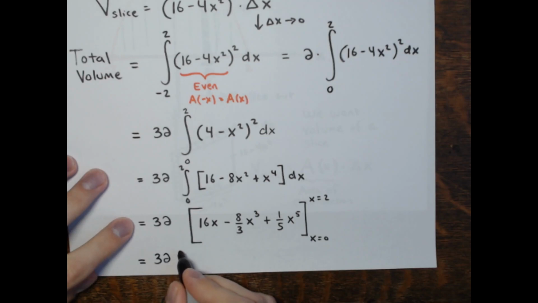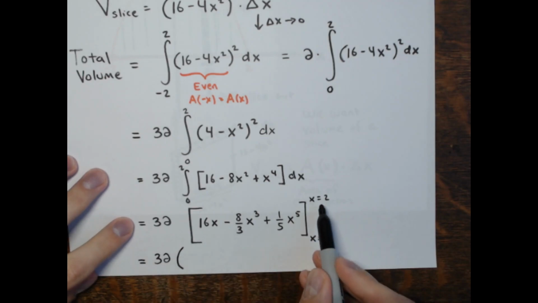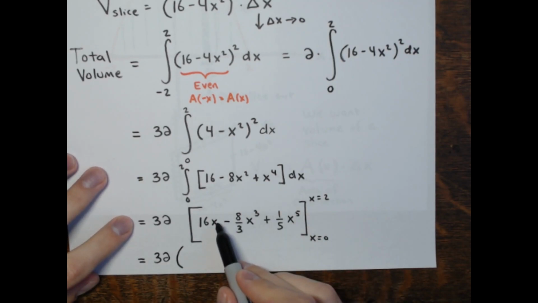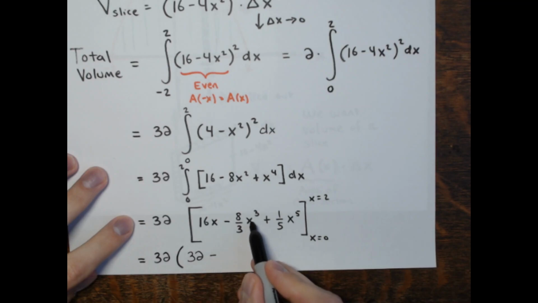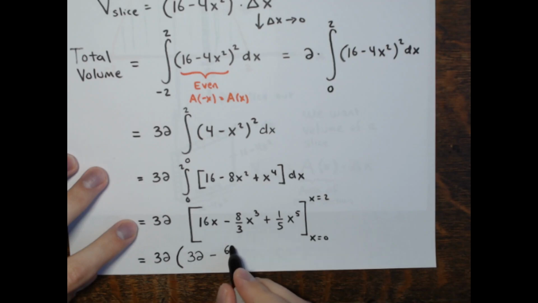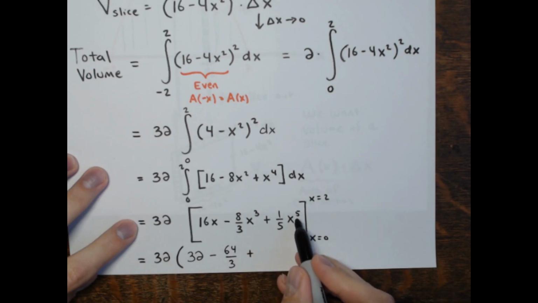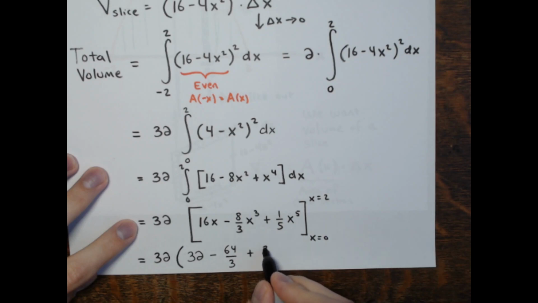So this would be 32 times, and then 16 times 2 is 32, minus, and then 2 cubed is 8, so you have 64/3, and then plus 2 to the 5th is 32, so plus 32/5.